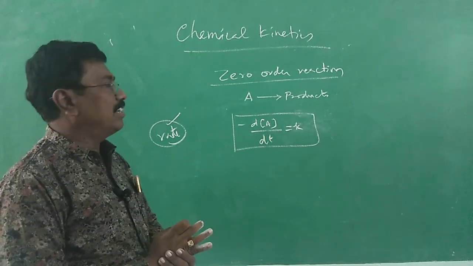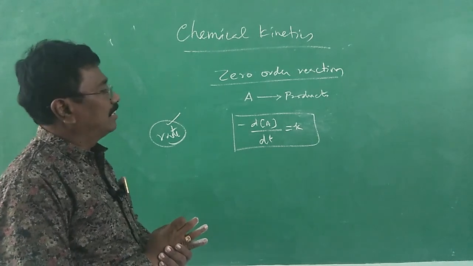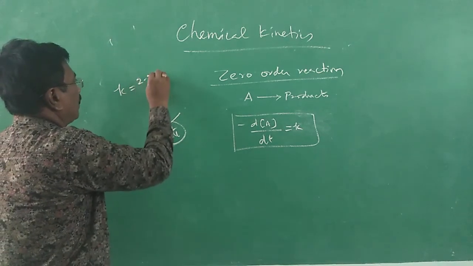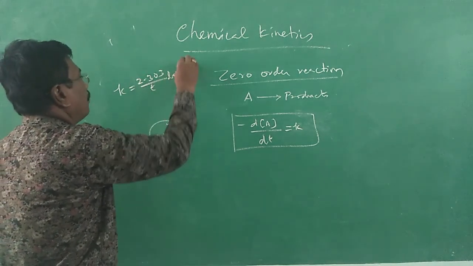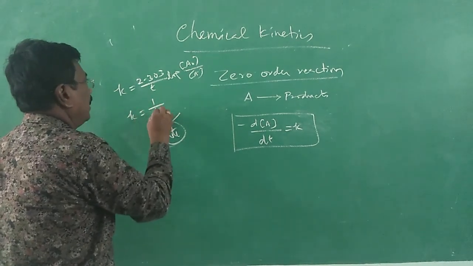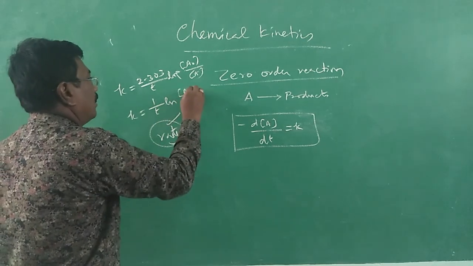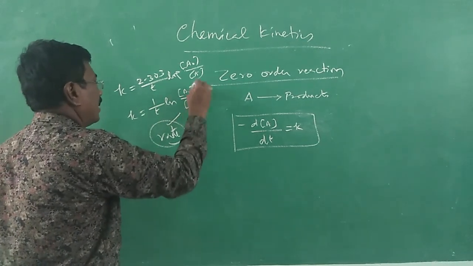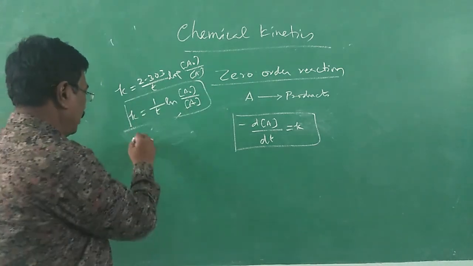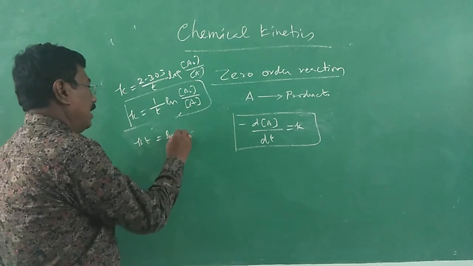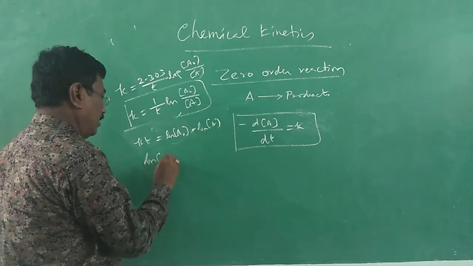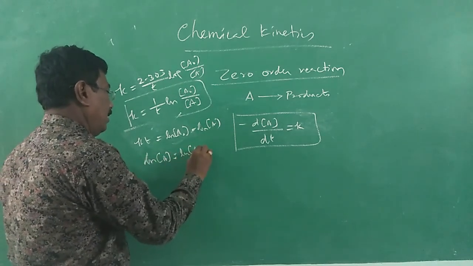Now, in a zero order reaction, how do we calculate the expression for rate? Because for first order we have derived K is equal to 2.303 by t log A naught by A, or else K is equal to 1 by t ln A naught by A. You will be knowing Kt is equal to ln A naught minus ln A, and ln A is equal to ln A naught minus Kt.